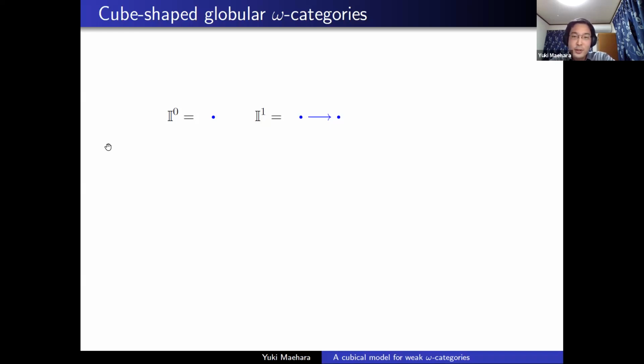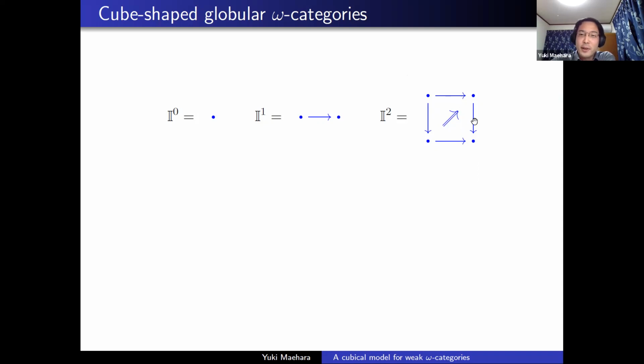And in dimension 2, now we should have a square. I have basically given you the same picture as a typical 2-cell in the cubical world. I actually copied and pasted this picture, but now this is drawn in blue, to remind you that we are in the globular world. So this picture should be interpreted globularly.